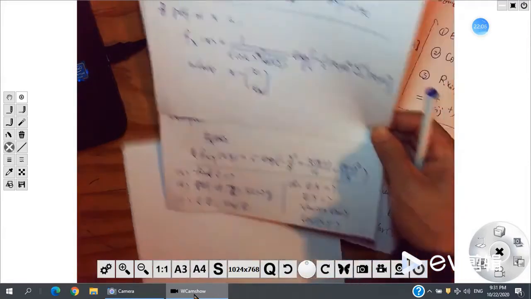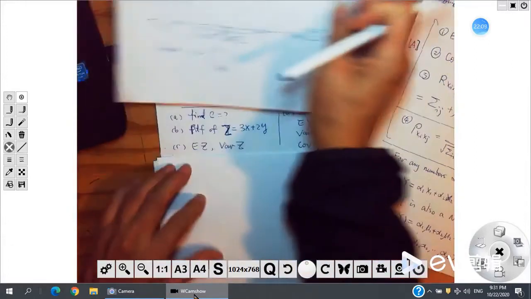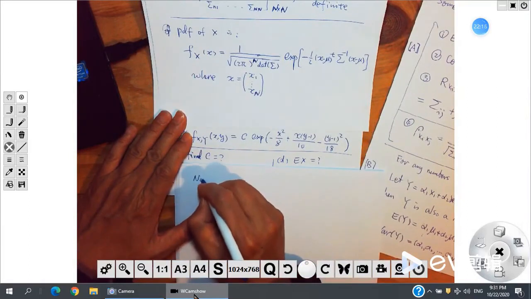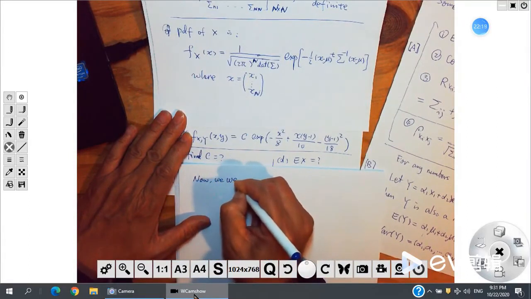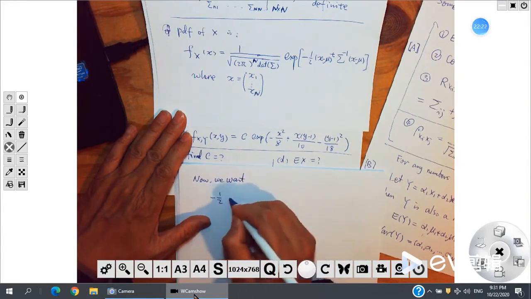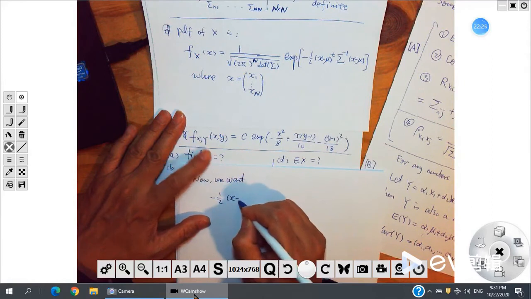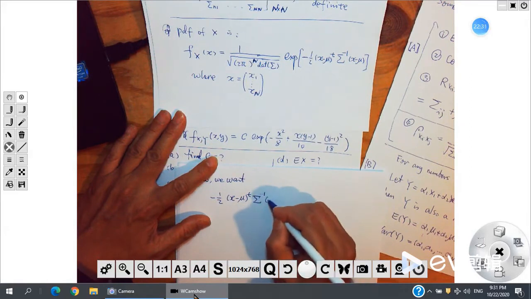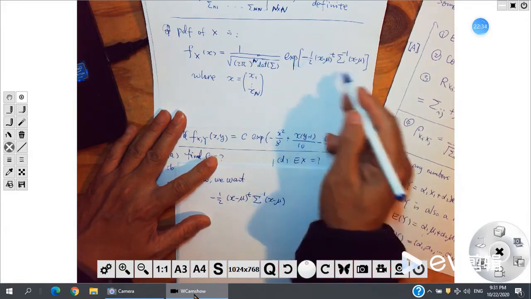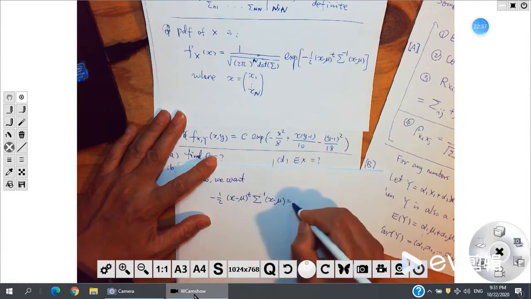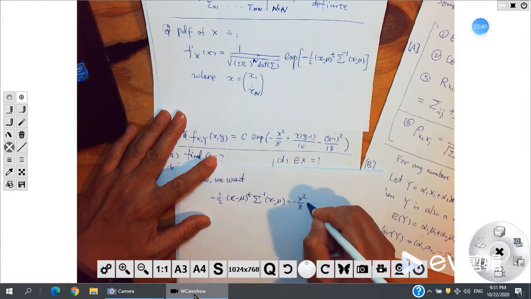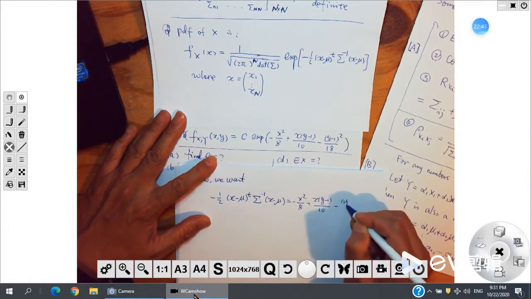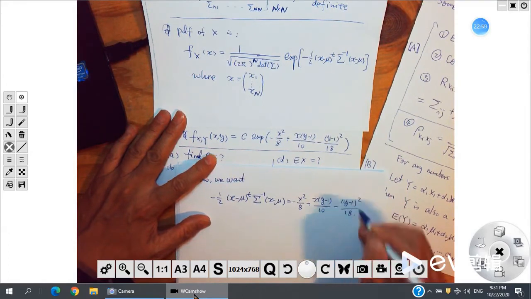We want negative 1/2 times (x minus mu) transpose times sigma inverse times (x minus mu) to equal this part: negative, x squared over 8 plus x times (y minus 1) over 10, and minus (y minus 1) squared over 18.